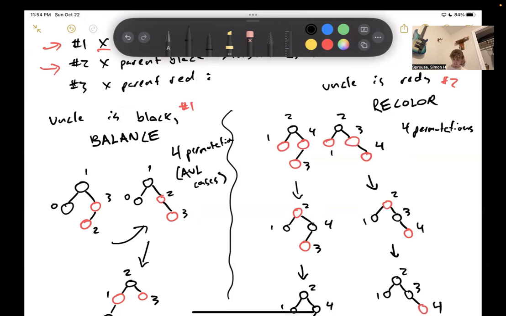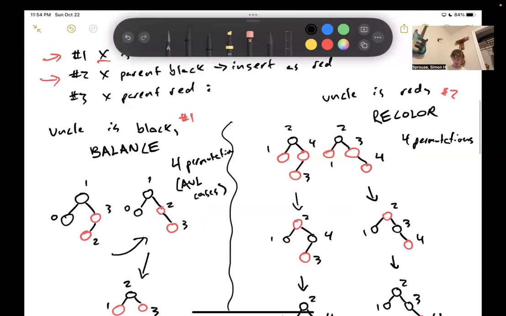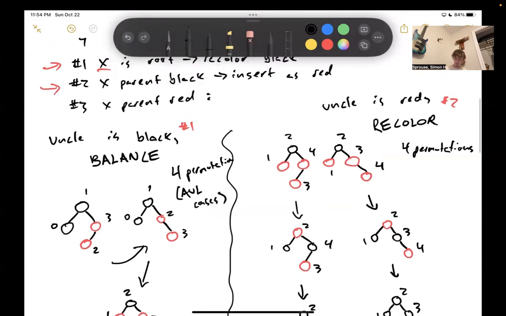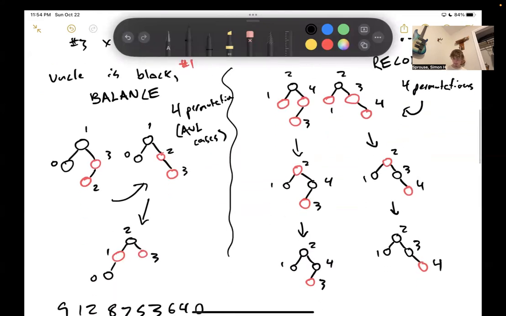So this is going to look like, either you've got the red uncle on the left or the red uncle on the right. Again, if it's symmetric, don't worry about it. The only thing that happens here is you recolor both the parent and the uncle to be black. As you can see in this case, which is the triangle case, it's going to be handled like this.